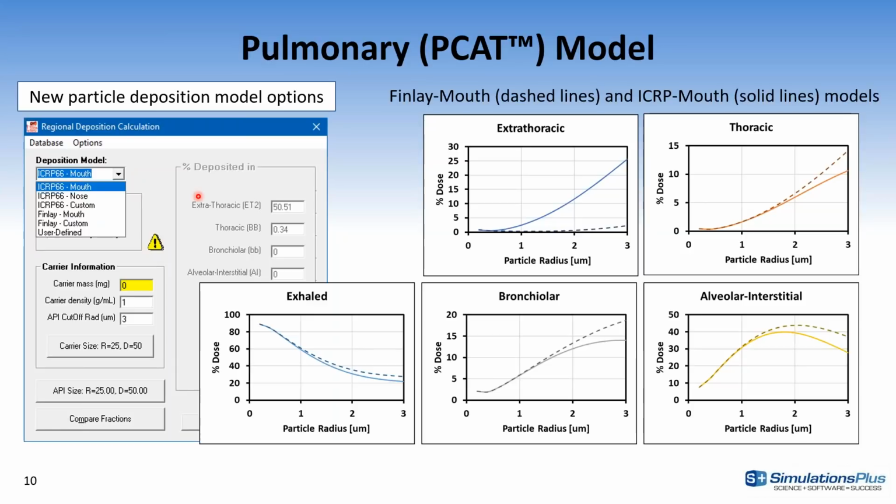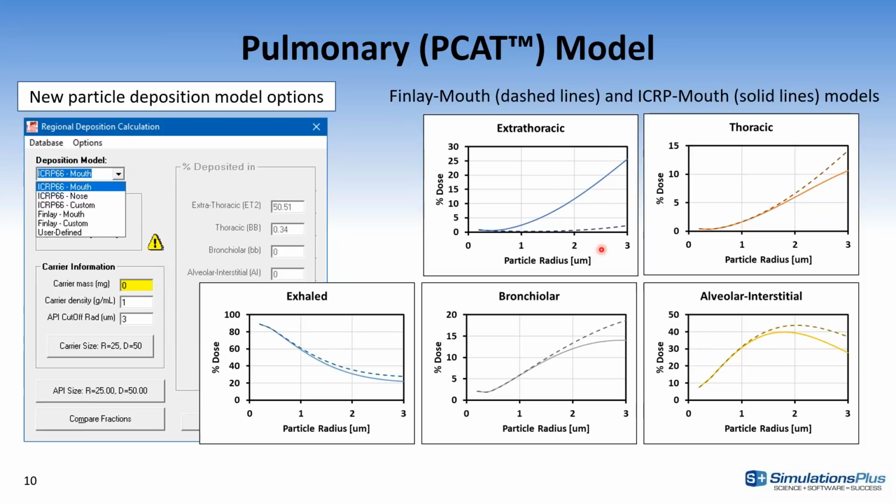To give you some idea about the differences in the depositions, these plots show the deposition fractions in different compartments of the lung, so extrathoracic in the throat area, the trachea, bronchioli, and the deep lung regions, alveolar and interstitial, as well as what portion of the dose each of the models would predict would just be exhaled, and each is shown as a function of the changing particle radius.